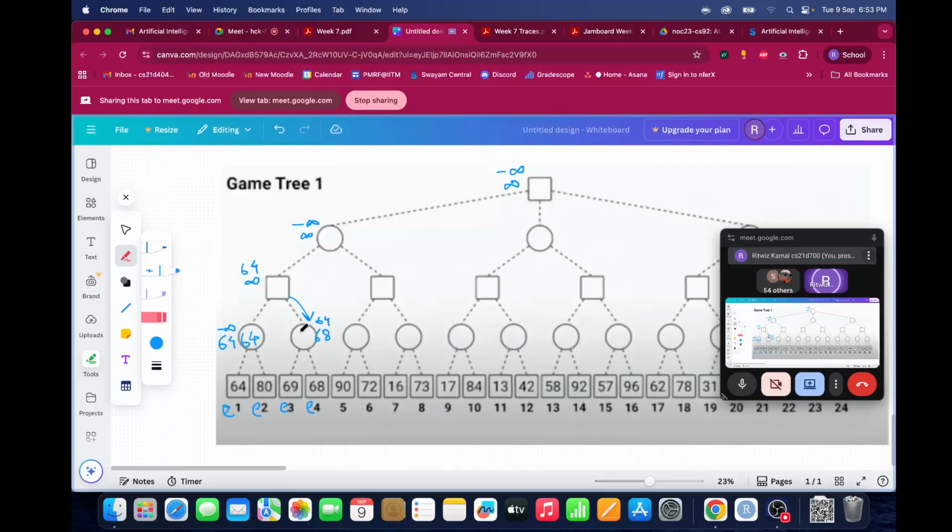This min node will have a value of 68, the beta value. Now this in turn will pass it on to its parent max node, and 68 is greater than 64, so the alpha value will again get updated to 68, and this will have a value of 68.